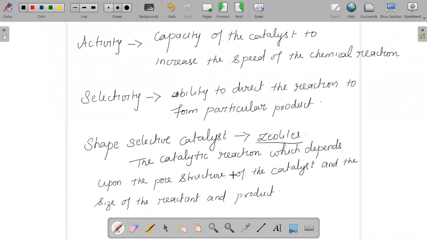They are called honeycomb-like structures, and they are basically a three-dimensional network of silicates where some silicon atoms are replaced by aluminium atoms, and they form a network of aluminium, oxygen and silicates. So shape selective catalysis is a catalytic reaction which depends upon the pore structure of the catalyst and the size of the reactant and product molecules.